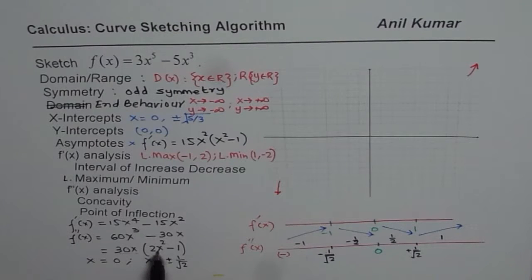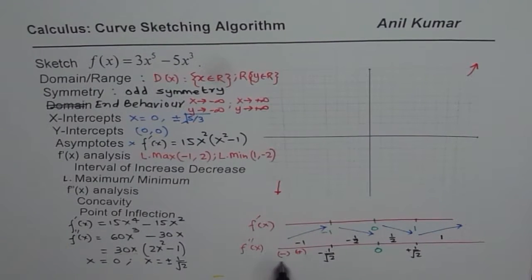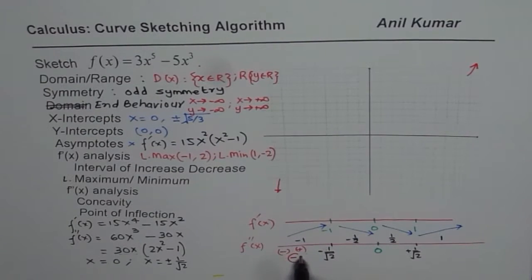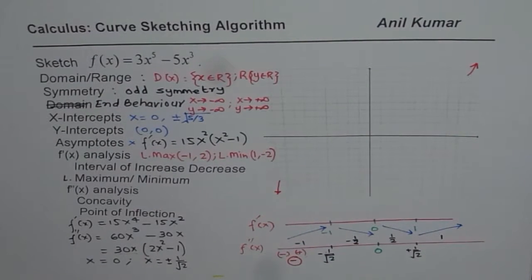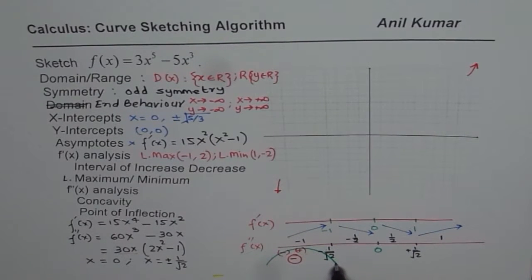If I write minus 1 here, the square is going to be positive, so this is 2 times 1, which is positive, right? Negative times positive, when you multiply, you will get negative. So we get negative in this interval. Negative means that the concavity will be concave down. So the graph will be kind of like this.